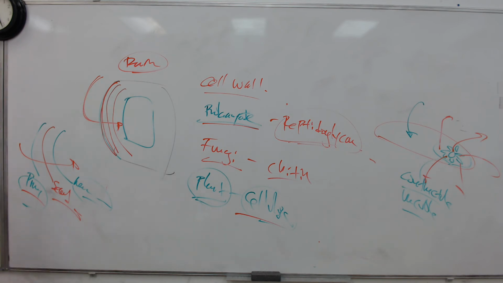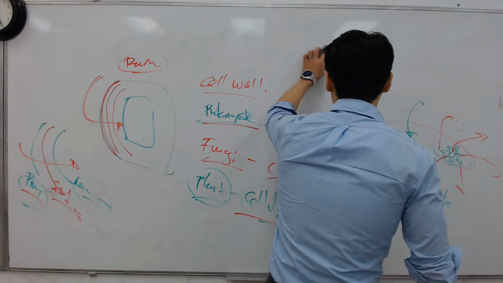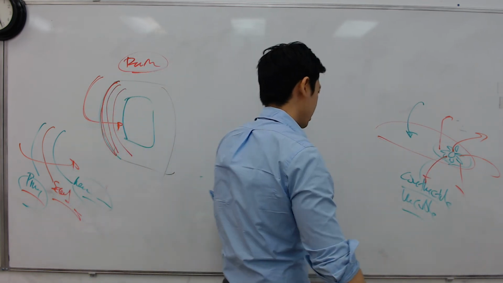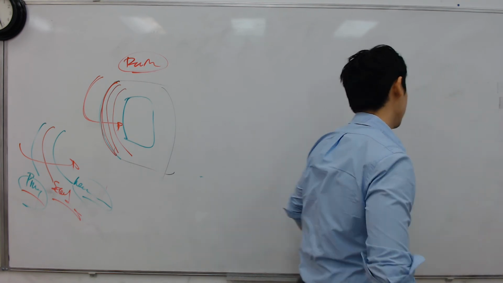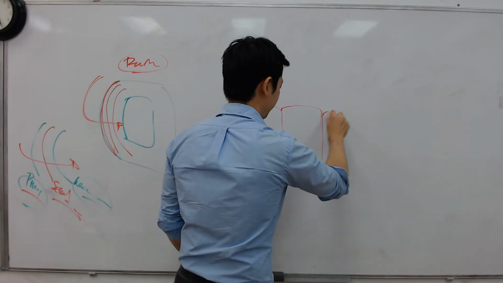Okay. And then let's talk about a little bit of cell communication, guys. So, plant cells are tied together by a cell wall, right?